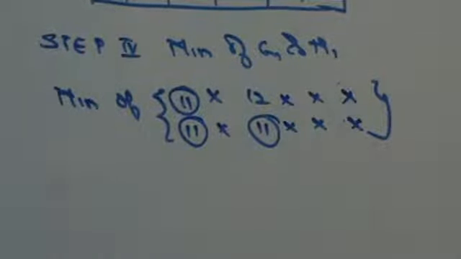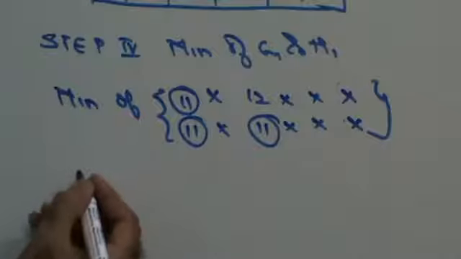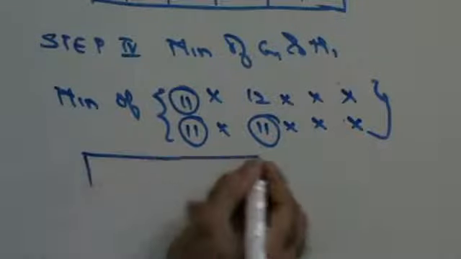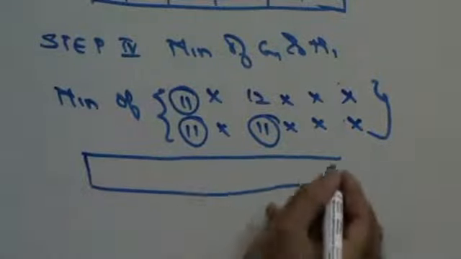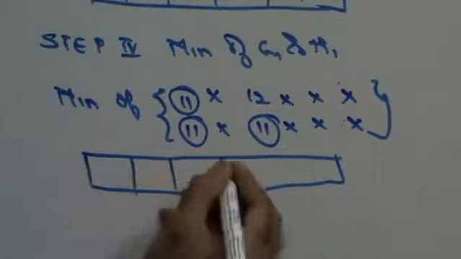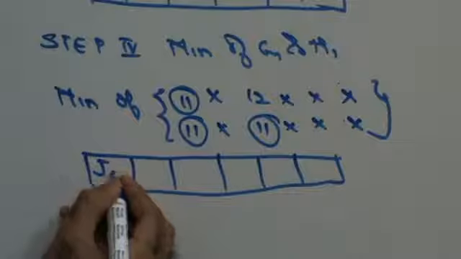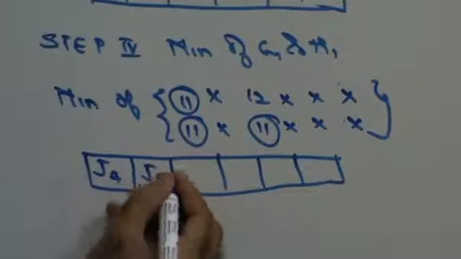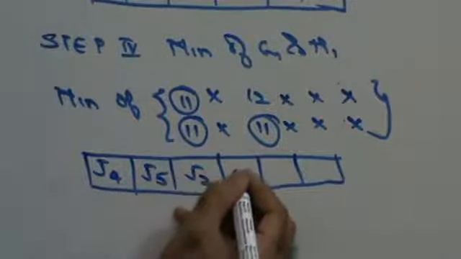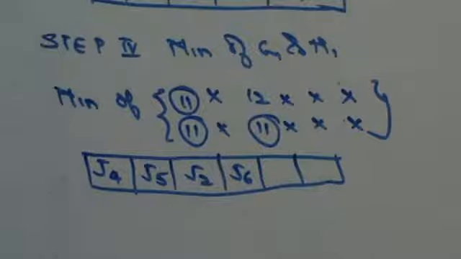So in this case, you will have 4 alternatives here. One of your alternatives will be, if I start with the first one, J4, J5, J2, J6, right?